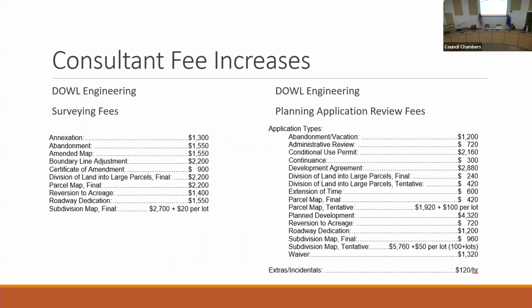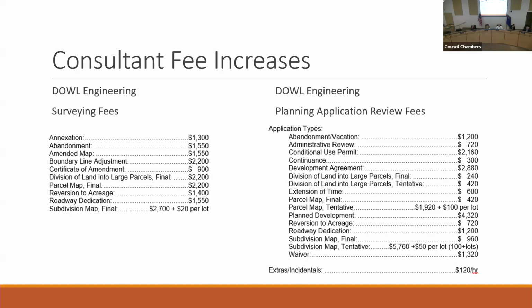So I pulled the fee schedules directly from those contracts that you approved earlier. A couple of notes I wanted to point out. These surveying fees went up for the most part between $50 and $100 per application type. One of them went up $700 and another one actually went down $300. And then on the right-hand side are the planning application review fees.